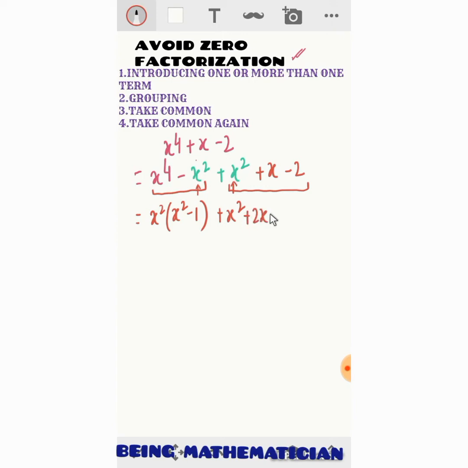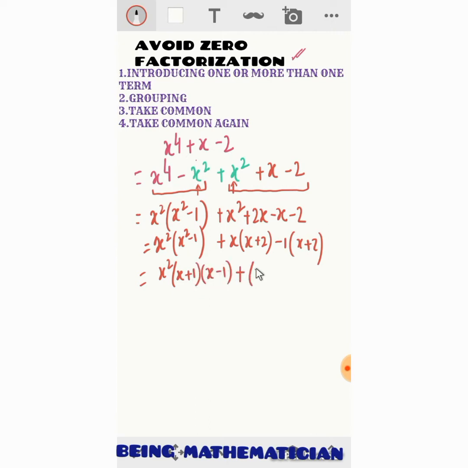So we apply middle term factorization for the expression. Now we split this term into a square minus b square equal to a plus b into a minus b.